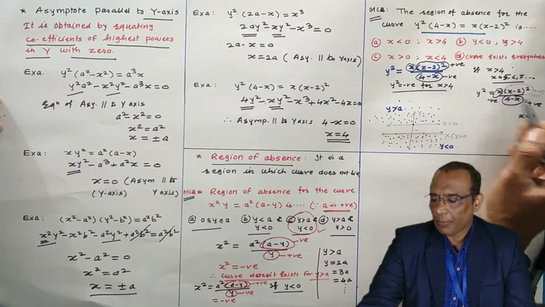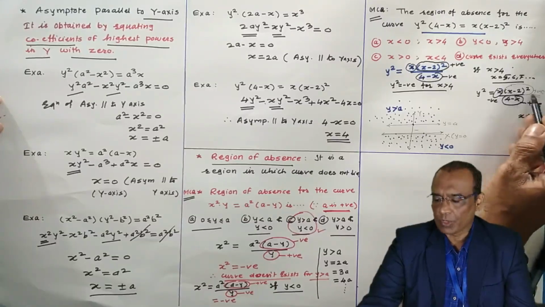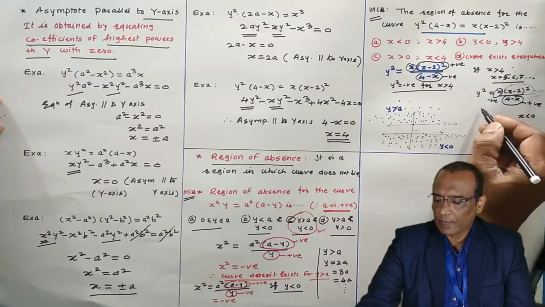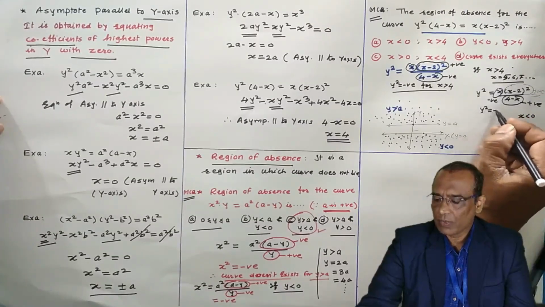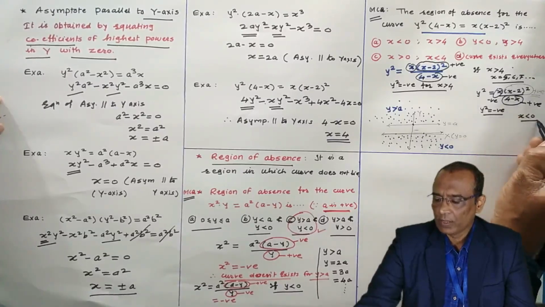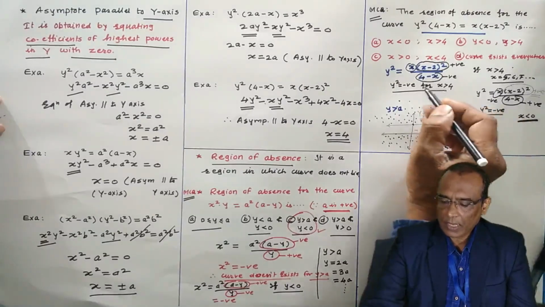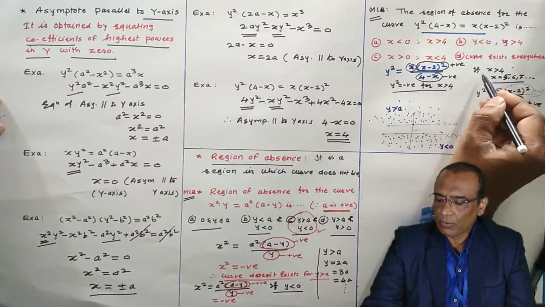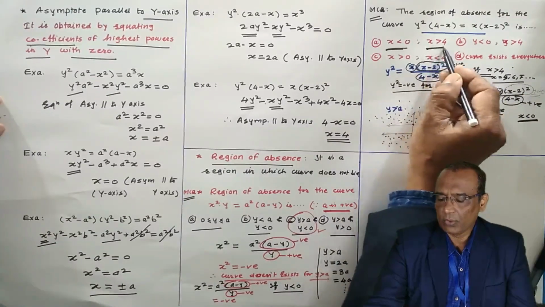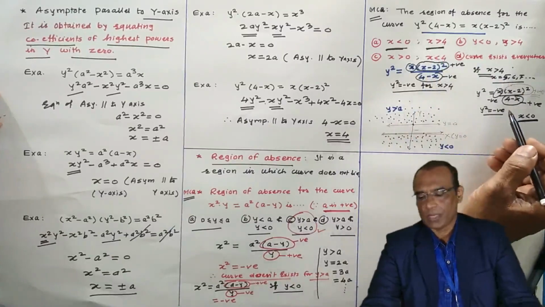Then negative by positive, this square bracket is always positive, is negative again. So y square is negative for x less than 0. Therefore, for x less than 0 and for x greater than 4, it is the region of absence.